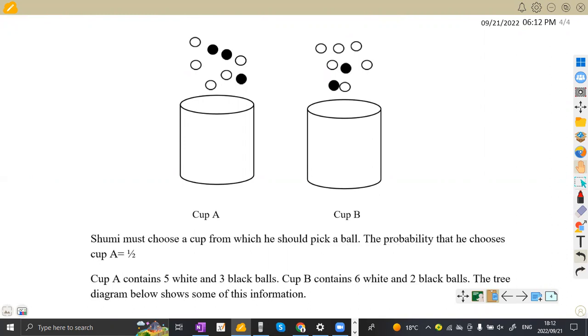Which means picking cup A, it's 1 out of 2. What about picking cup B? It's 1/2 again. Half.